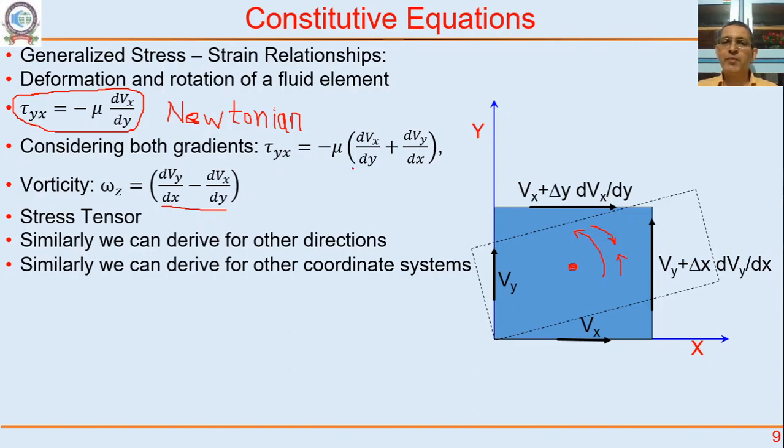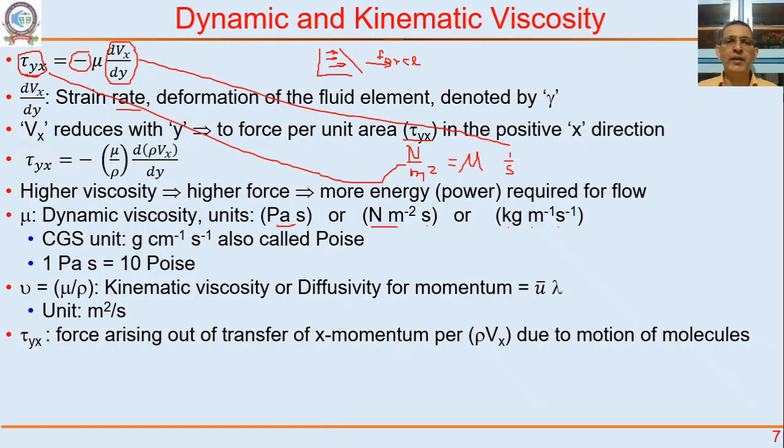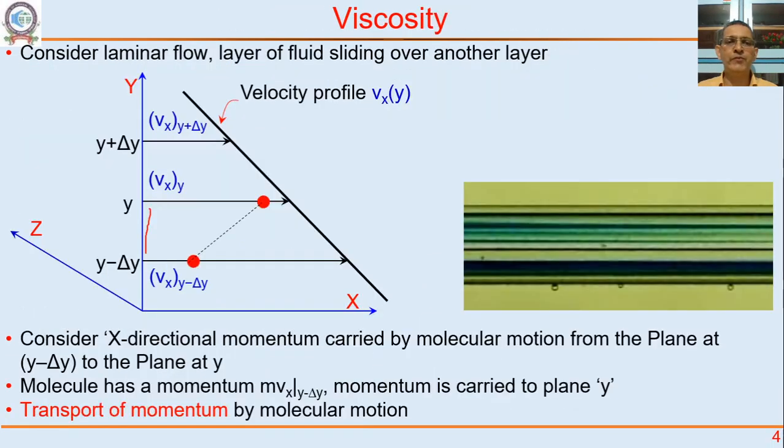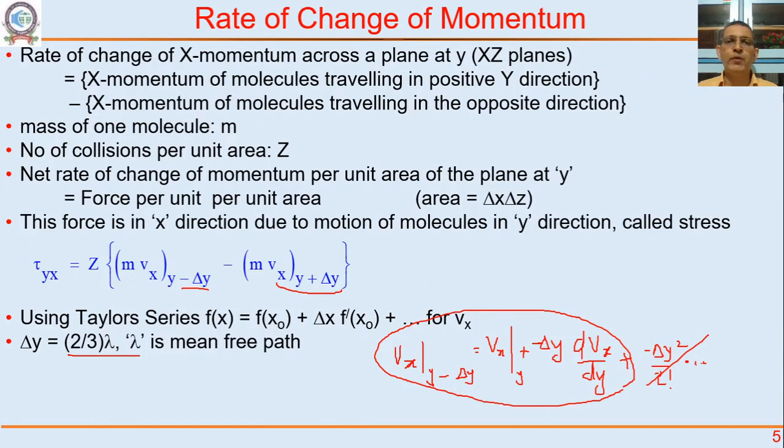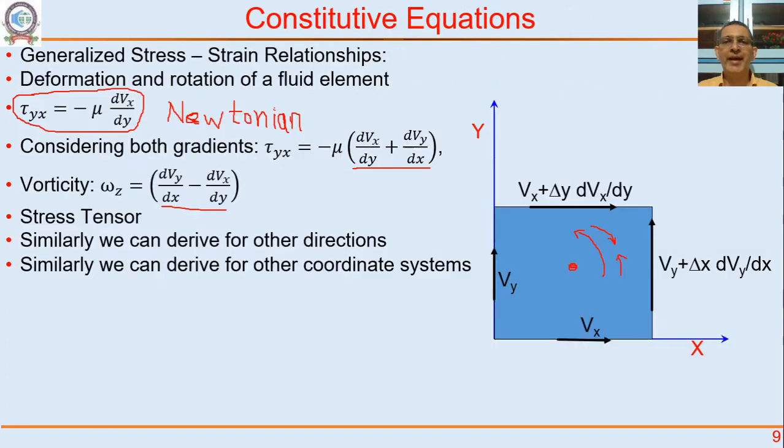The net deformation we can write like this. Therefore tau yx we write as minus mu times dVx by dy plus dVy by dx. So far we had only considered one velocity gradient. We had only Vx as a function of y. Now we are going to have to consider both Vx changing with y and Vy changing with x.